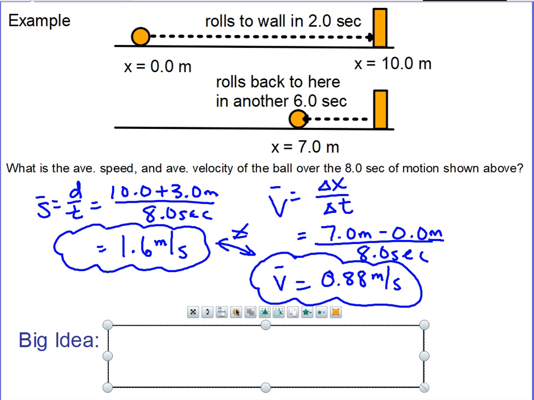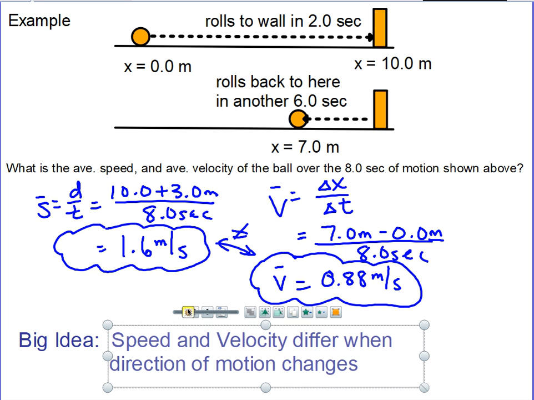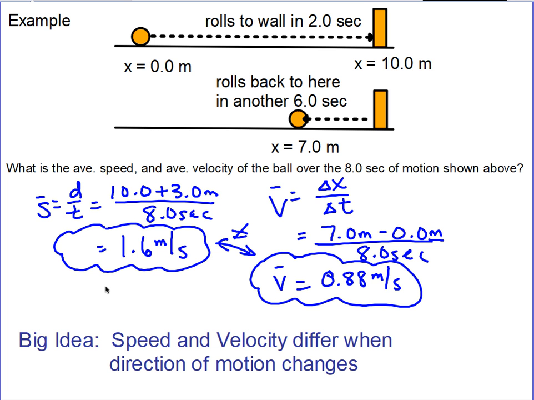So we'll see how that pans out as we start to study this concept called acceleration in section 2.4. But for now, let's just make sure we understand the difference between speed and velocity is that one of them includes direction, and when there is a directional change, we're going to get a different value computed for speed versus velocity. Okay, so there we go. That's section 2.2 on average velocity.